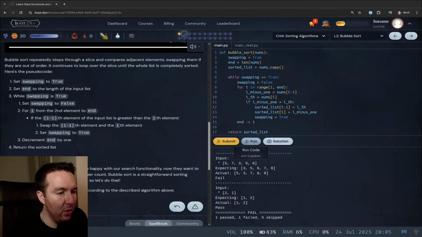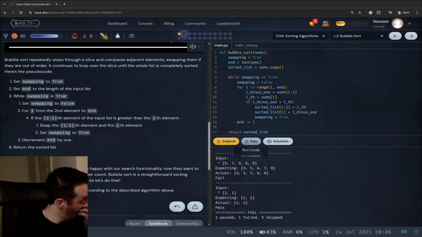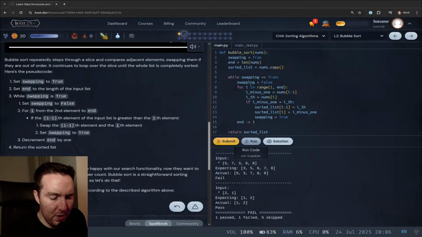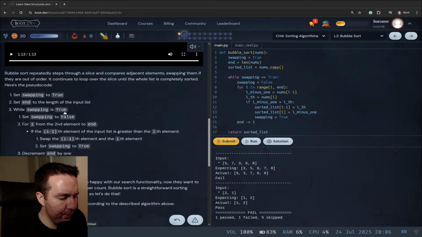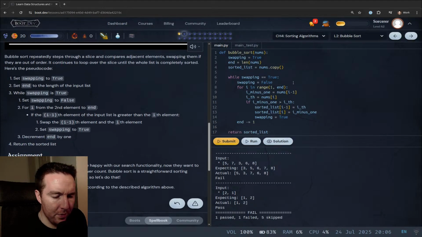Might need a little bit of help with this one. Not gonna lie. Right. That's the pseudocode. Why have I messed up? What if I just comment that out?